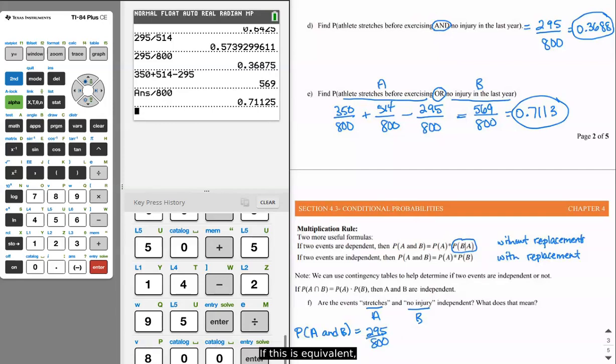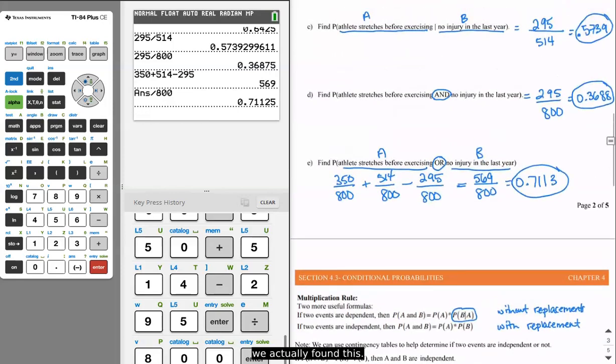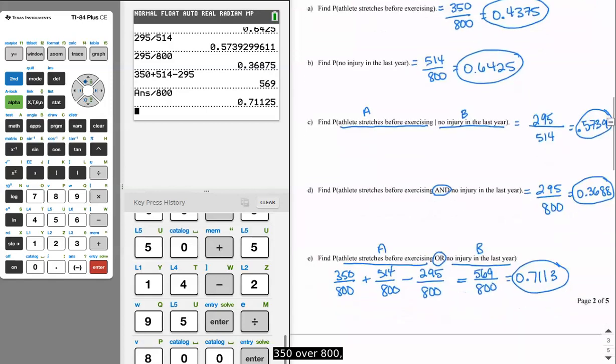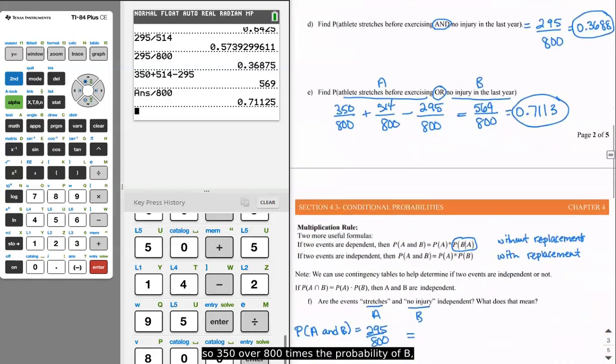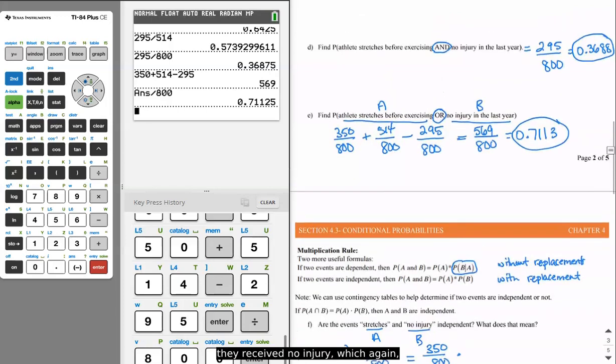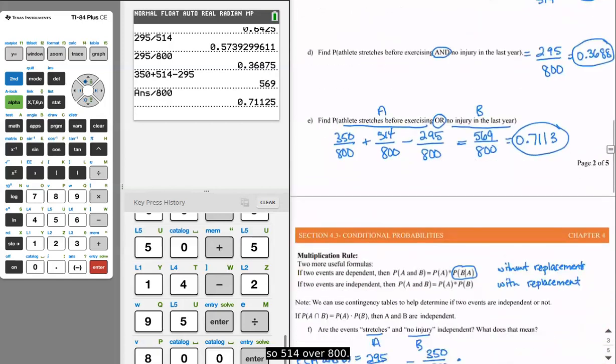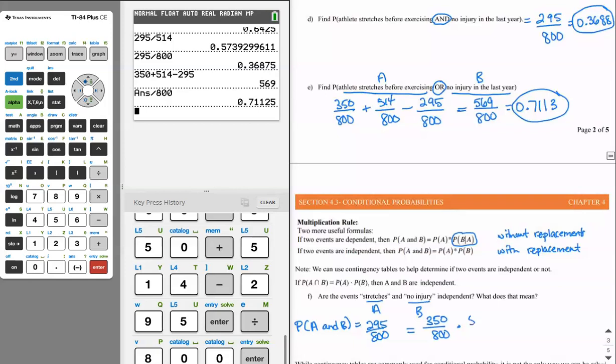The probability of the athlete stretching, which we found in part A, was 350 over 800, times the probability of B, they received no injury, which was part B, 514 over 800. If these are the same, then they are independent.